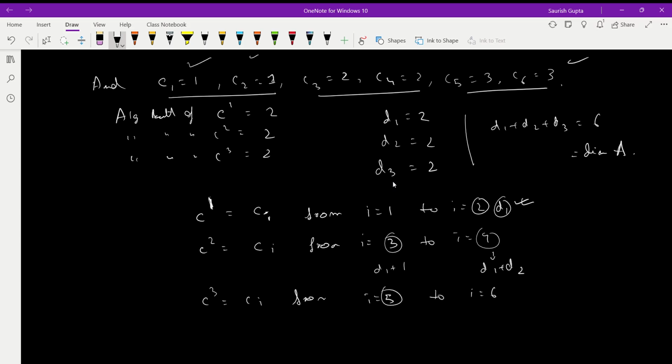Similarly, C upper index 3 equals Ci from i equals 5 to i equals 6, and this is d1 plus d2 plus 1 to d1 plus d2 plus d3, right?